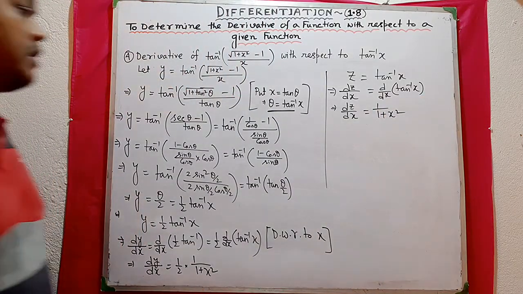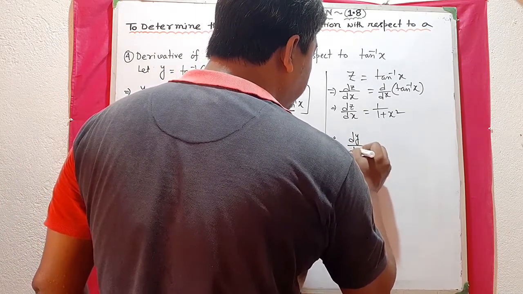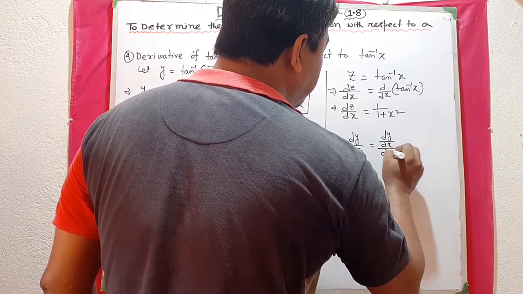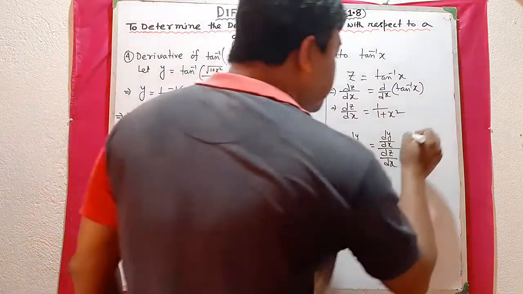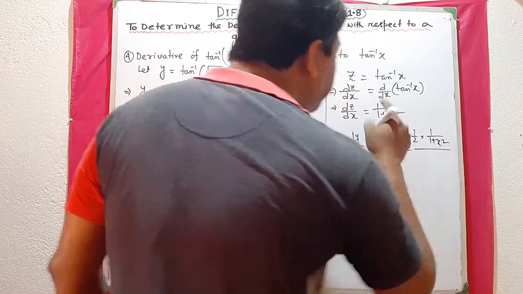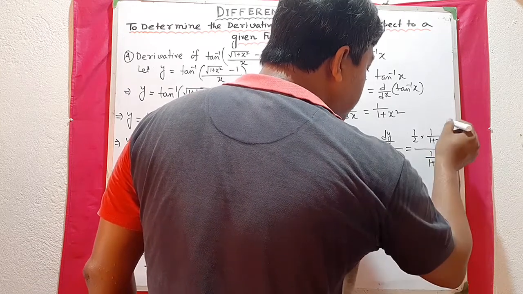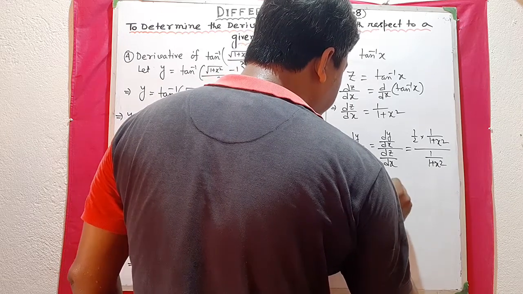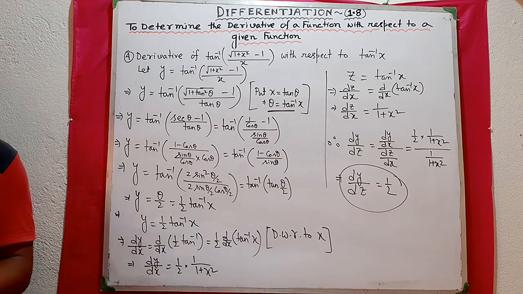So therefore dy/dz equals dy/dx by dz/dx. So what is my dy/dx? That is half into 1 by 1 plus x square, and dz/dx is 1 by 1 plus x square. So this cancelled, so dy/dz equals half. That is our required answer. Okay, clear?